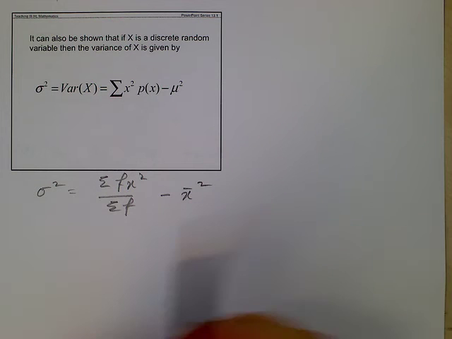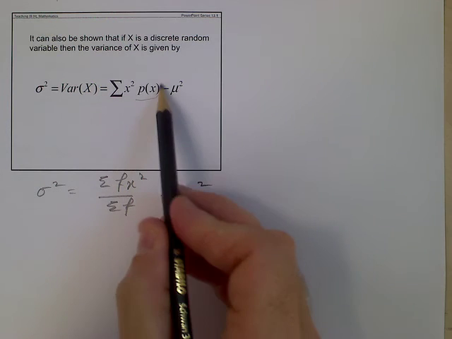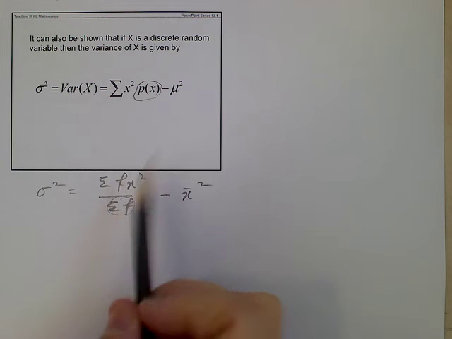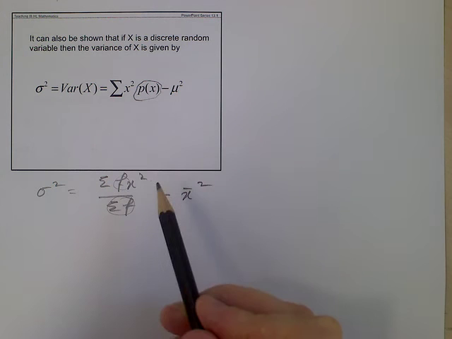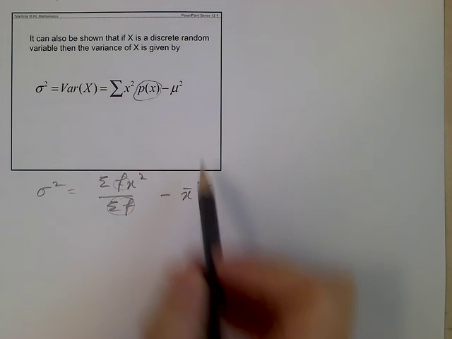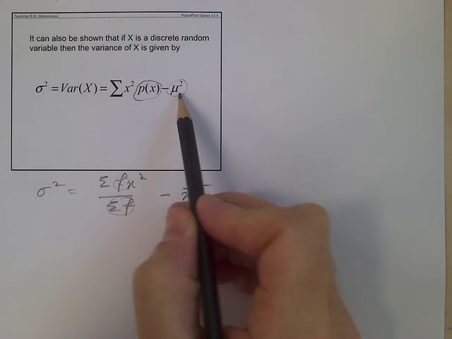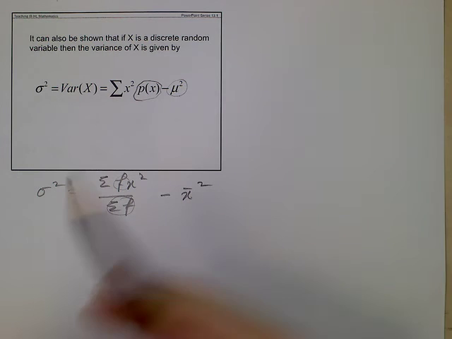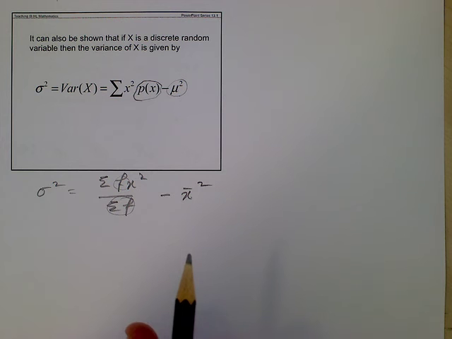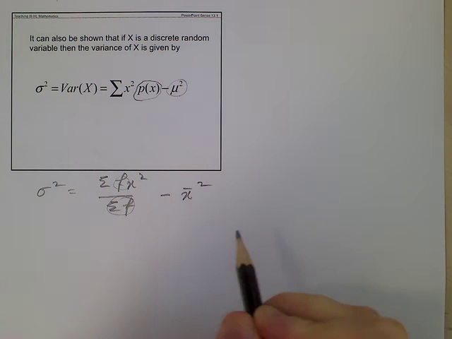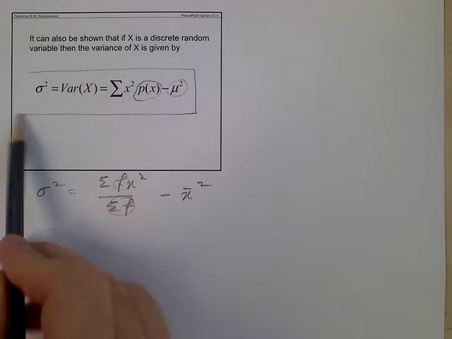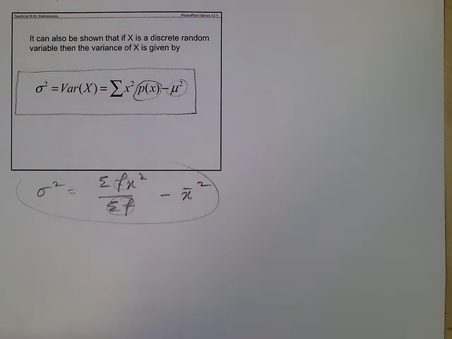But again, if the frequencies here are represented by probabilities, that becomes 1. The frequency becomes the probability, and I'm subtracting. Okay, I've got a different notation for the mean, but x bar and mu are both symbols for the mean. We'll talk exactly about how those are different again when we come to the option topic. But again, the formula for variance is very similar to the formula for variance that we've seen before.